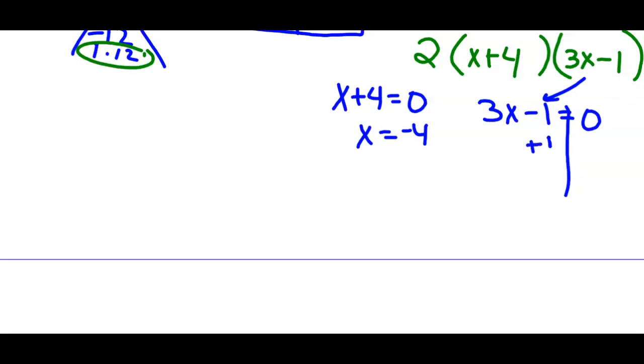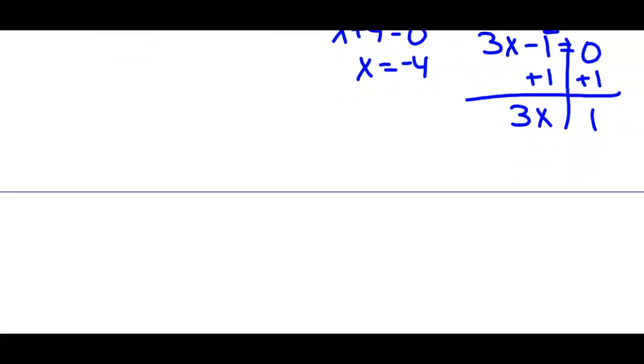Plus 1. Here's how you got that answer in your brain, right? You add 1 to both sides, and then what do you have to do? Divide by 3. For this problem, Titus, it's still okay that you're doing it mentally, but for a problem that's halfway across the board, you're going to want to know how to do it algebraically.